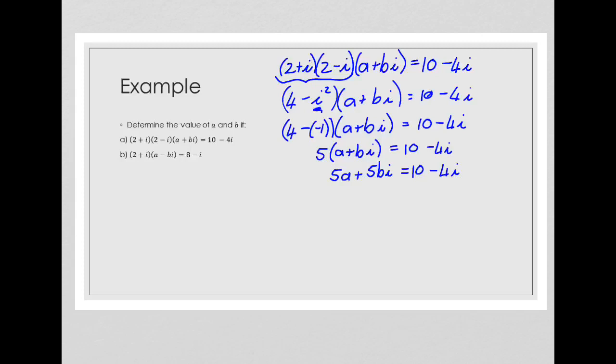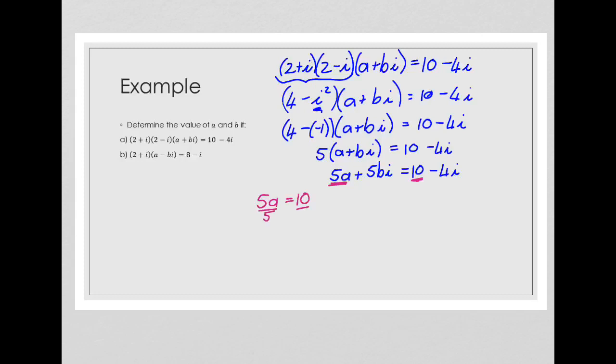Right, so when we work with complex numbers in an equation, the real part on the left-hand side should be equal to the real part on the right-hand side. So there's my first equation: 5a will be equal to 10.